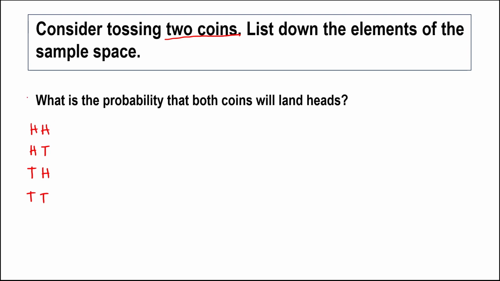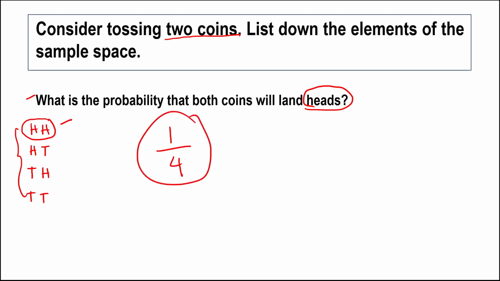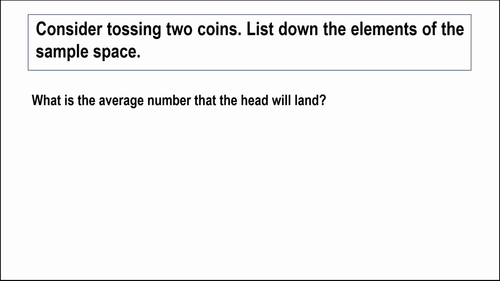To answer now this problem, what is the probability that both coins will land heads? So these are the two heads, therefore the probability is 1 out of 4 samples, so that's 1 over 4.